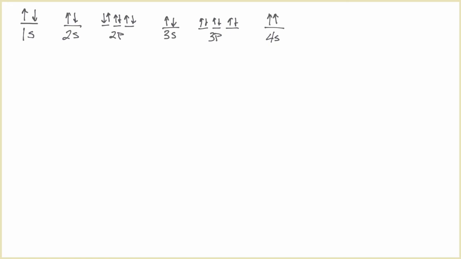So Jackson, you could not have that. That would be incorrect. Okay? They have to be opposite. Okay, look at your location on the periodic table. We're in the same location right now as calcium, correct? What comes after 4s? 3d.